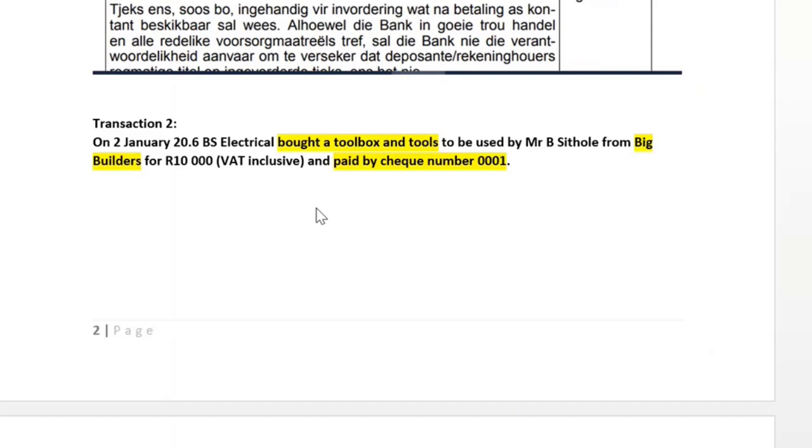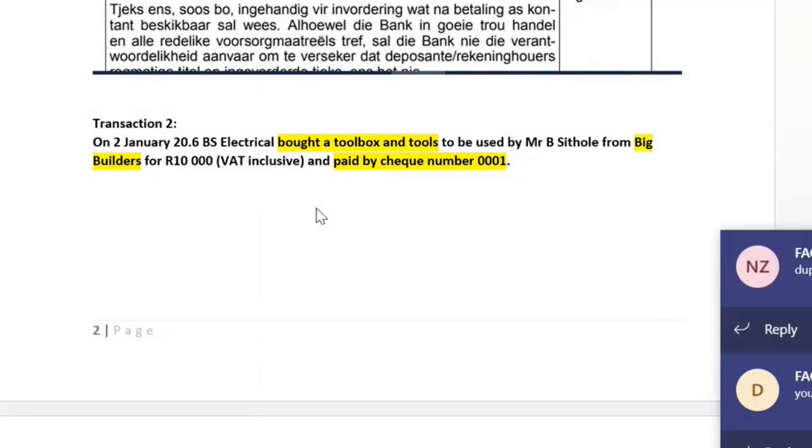If the auditors come and say, give us proof that BS Electrical bought the toolbox and tools that are in your fixed asset register, what proof will you give to the auditors?